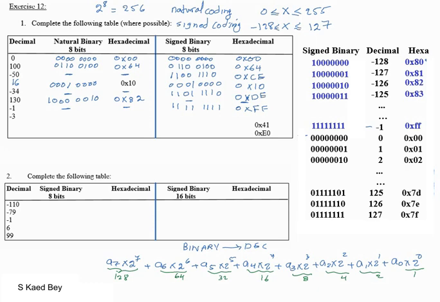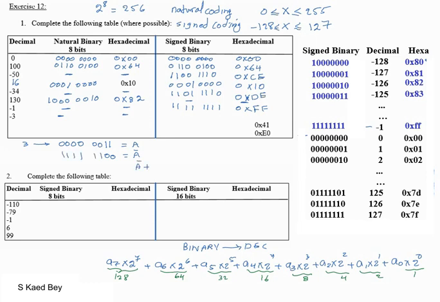Similarly, for a negative 3 number, this is outside the natural coding representation, so this is not applicable. Whereas for the signed coding representation, a negative 3 can be found easily by taking first number 3, which can be represented as 00000011, assuming this is A. A bar would be 11111100.